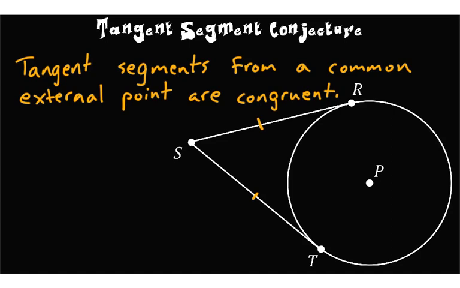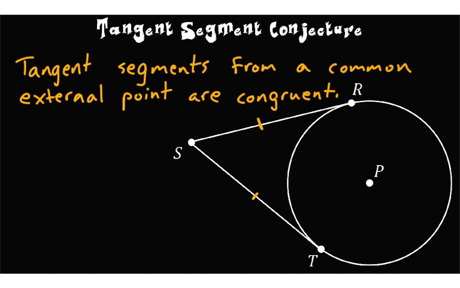And if you think about it also, then these radii that come from P, PR and PT, have to intersect at right angles here as well. And that's not stated in this conjecture, but it's just an important thing to keep in mind.